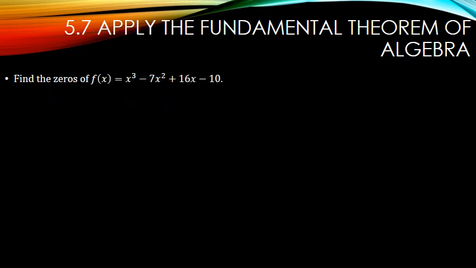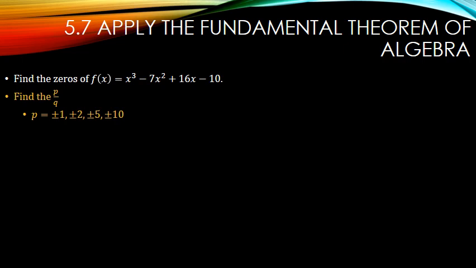So let's find the zeros. Notice the last lesson it was rational zeros. This lesson it's all the zeros, but the process is the same. Start by trying to factor. Nope, can't factor it. So then let's do p's and q's. P's will be factors of the constant term, which is the negative 10.